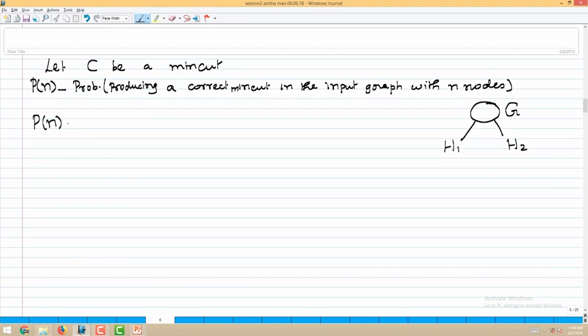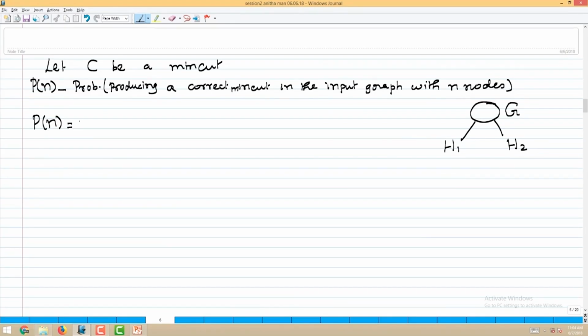P of n is, if the min-cut C can survive in H1, that is none of the min-cut edges are contracted by the contract algorithm while producing H1, correct. Then we will use this H1 and proceed through the computation tree, correct, till you get the output.